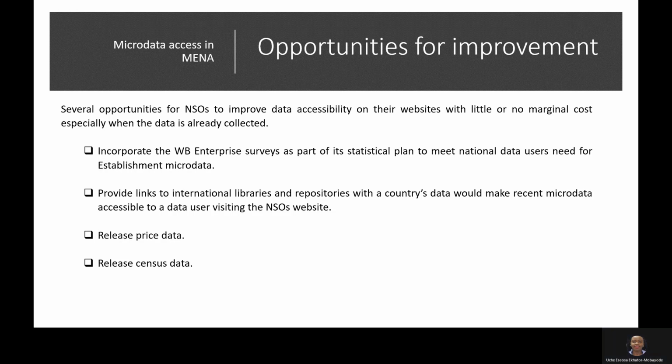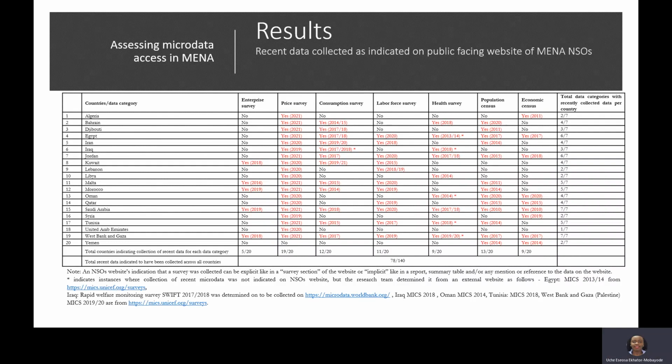One of the instances where this could be done is with the establishment census category. Remember when I showed the table where data has been collected for each category, only 5 countries actually collect enterprise data.